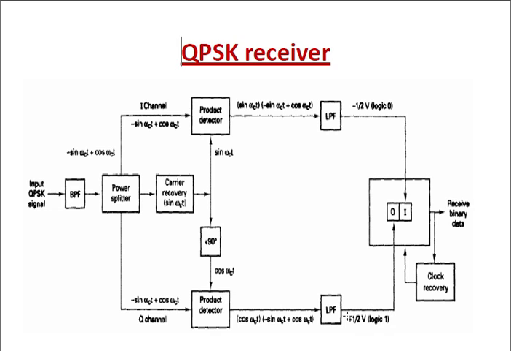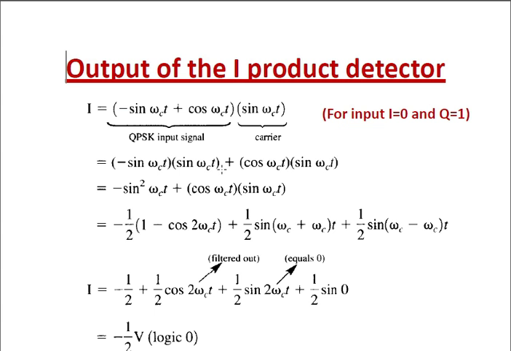The output from this low pass filter goes to the Q and I, and the clock recovery circuit is simultaneously provided to this block. So the binary data is received alternately, first the odd data and then the even data, and they are combined.